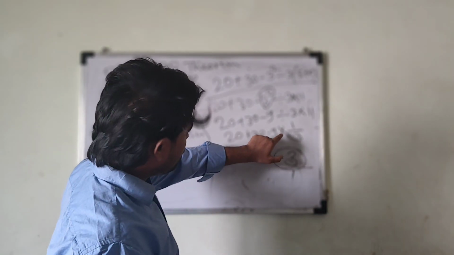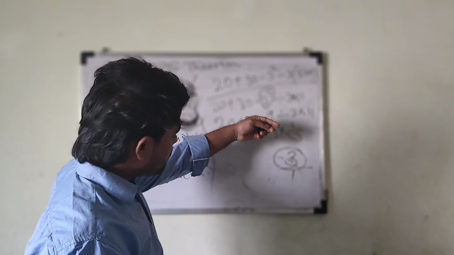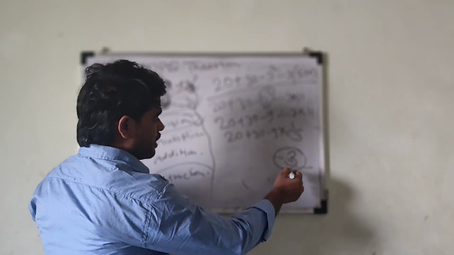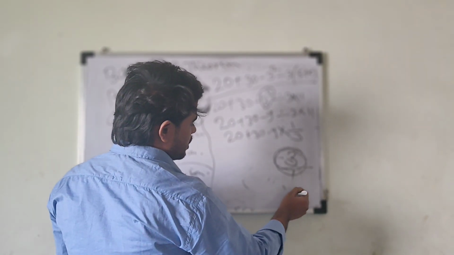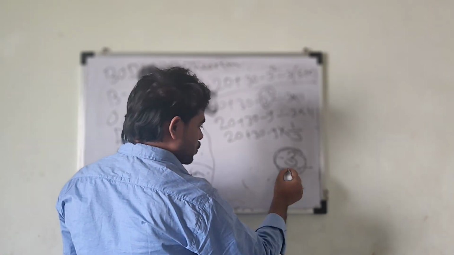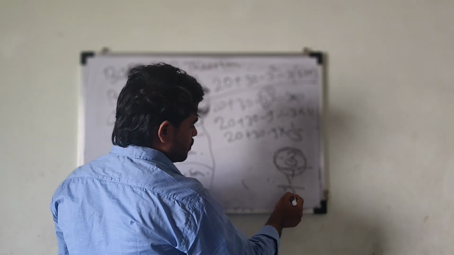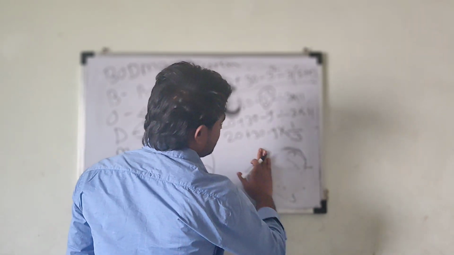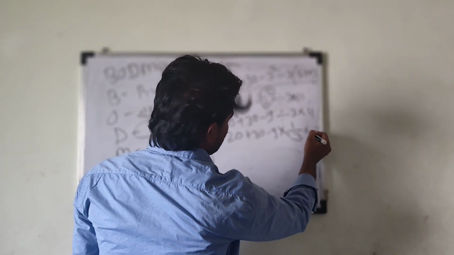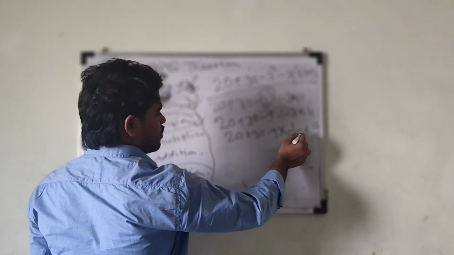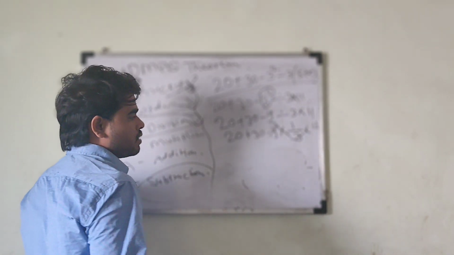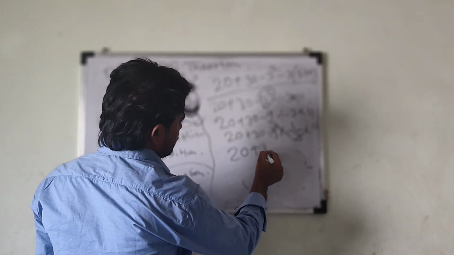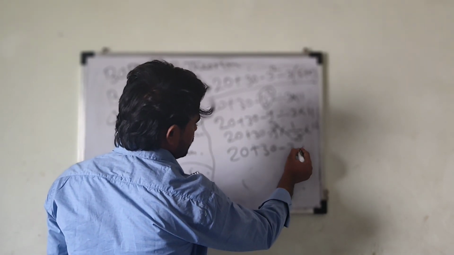When we exchange the sign from division to multiplication, the denominator goes to the numerator and the numerator goes to the denominator. So 9 into 1 upon 9 into 11. Now 9 into 1 upon 9 is gone. So 20 plus 30 minus 11.